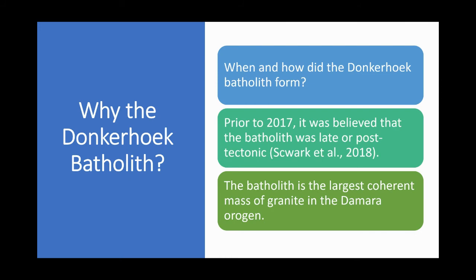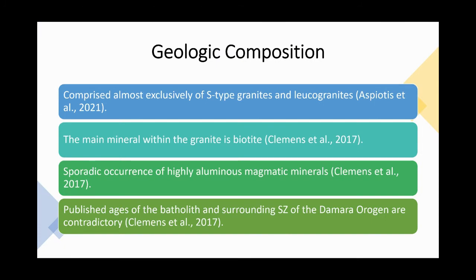Now, the batholith itself is composed almost entirely of S-type granites. The main mineral within the granite is biotite. There is also a sporadic occurrence of magmatic minerals such as garnet, cordierite, sillimanite, and muscovite.